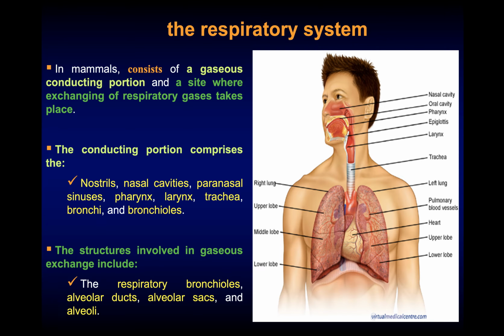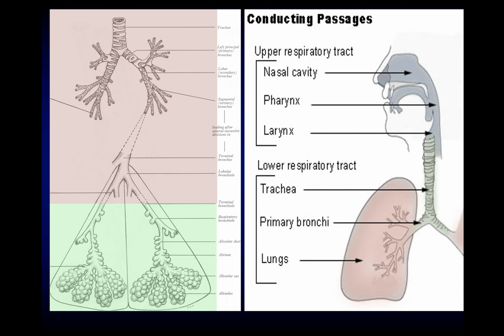All of these structures are considered the conducting portion, whereas the area where we usually have the gas exchange, which includes the respiratory bronchioles, alveolar duct, alveolar sac, and alveoli, all these structures are considered the respiratory portion.